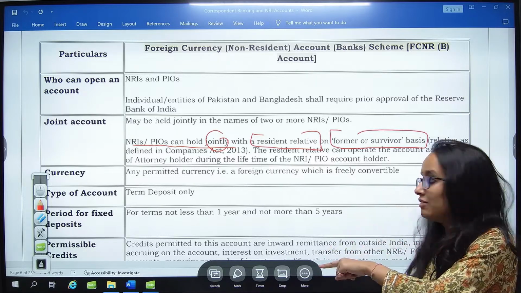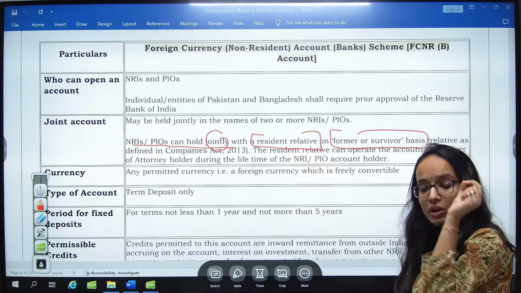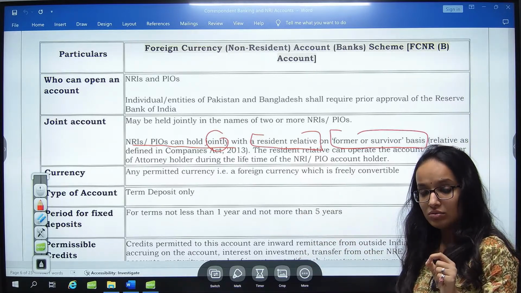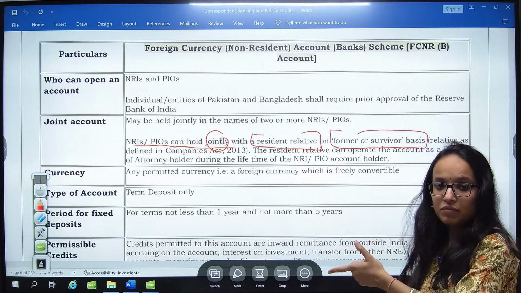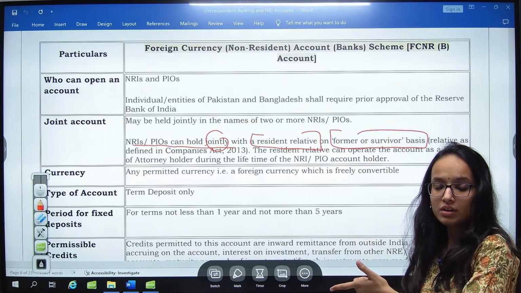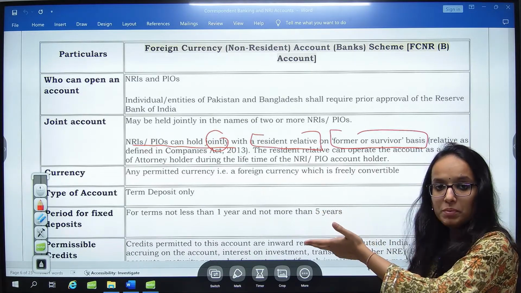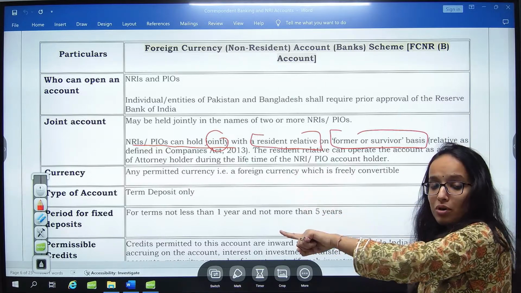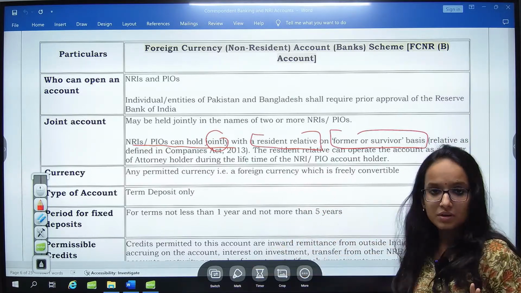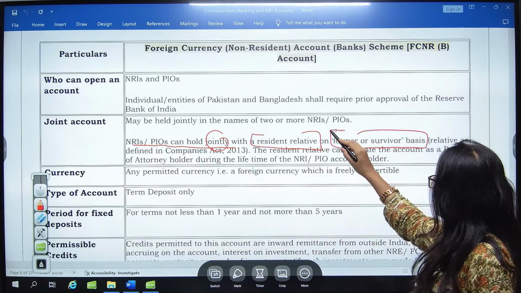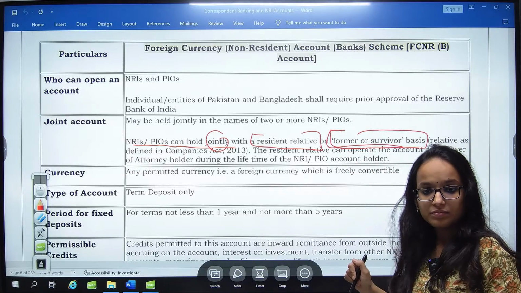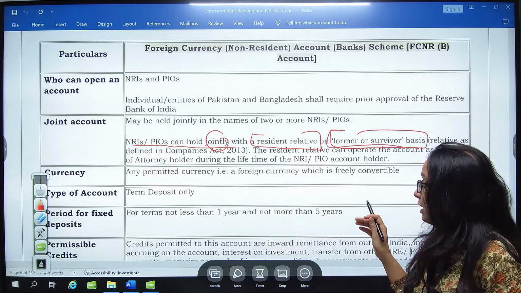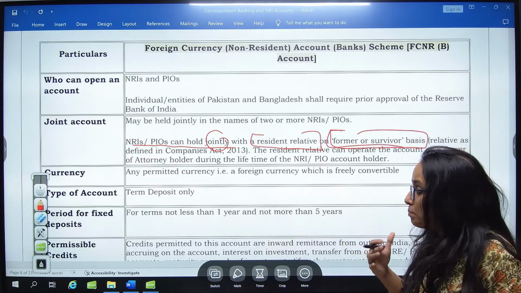That resident relative will only operate that account on behalf of the joint account holder, the NRI or the PIO, only after the demise of that person. Clear? This is the former or survivor basis. Got this point? But what about the power of attorney?